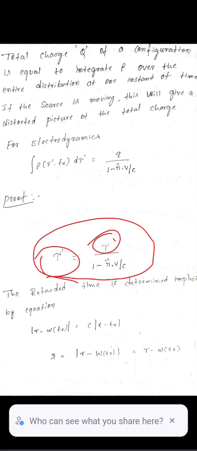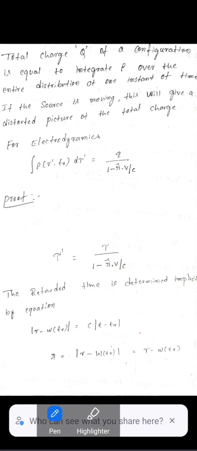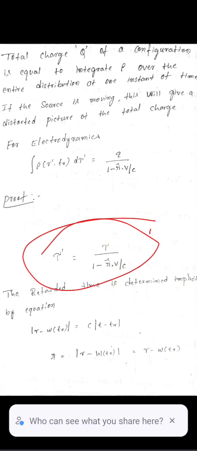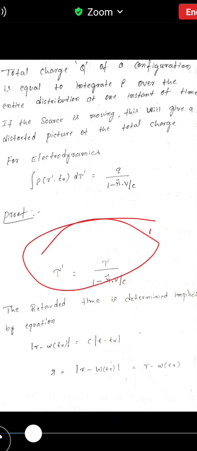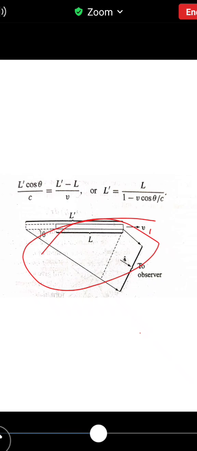This is due to the correction factor. So tau dash is equal to tau divided by 1 minus r cap dot v by c. In the previous step we can see v cos theta, where theta is the angle between v and r cap.